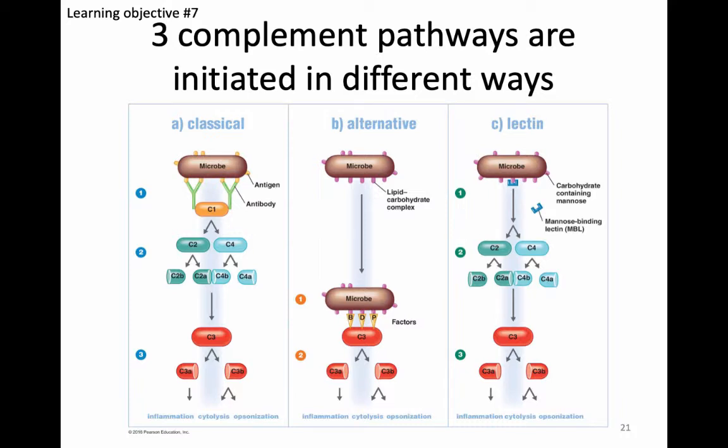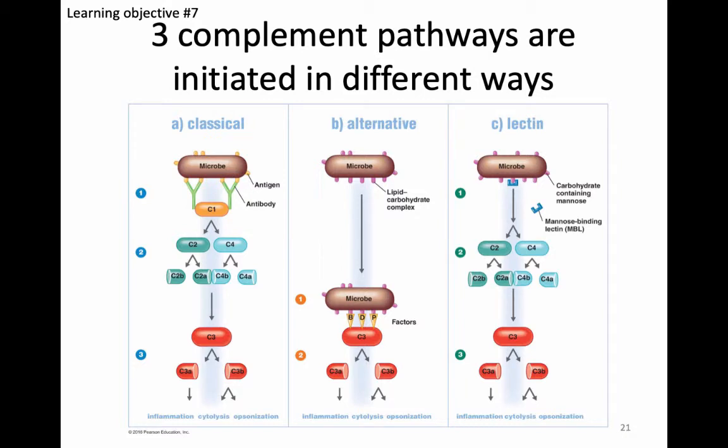The third complement pathway is initiated by carbohydrate molecules containing mannose, which also are only present on microbes. As a response to the presence of mannose, there is a molecule made by the host liver called lectin, and this will initiate the lectin pathway.